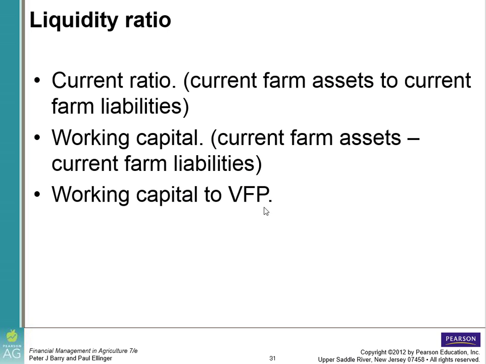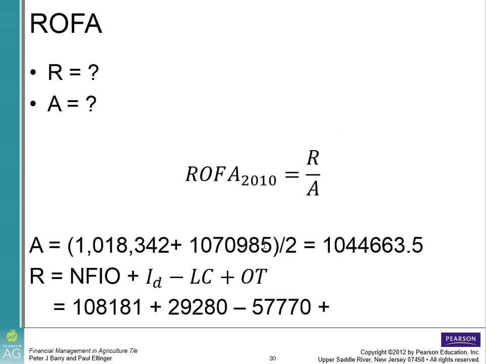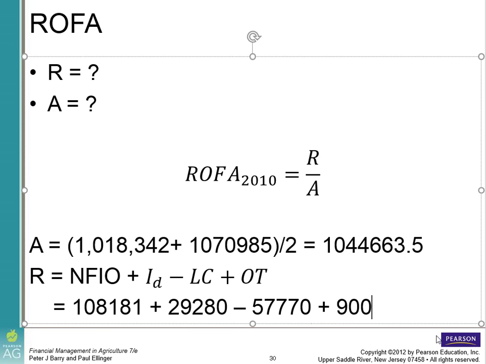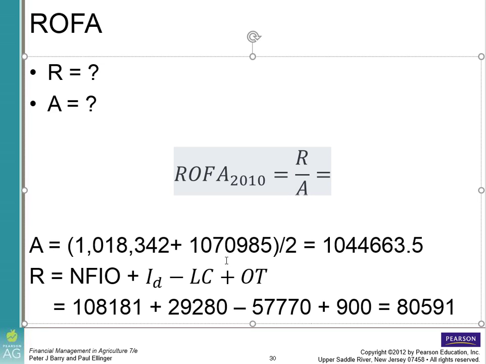you can see that this, when you sum 900, leads to your R. So this value is equal to 8591. Okay, so now how do we then find ROFA? ROFA is then simply going to be equal to this value over this value.